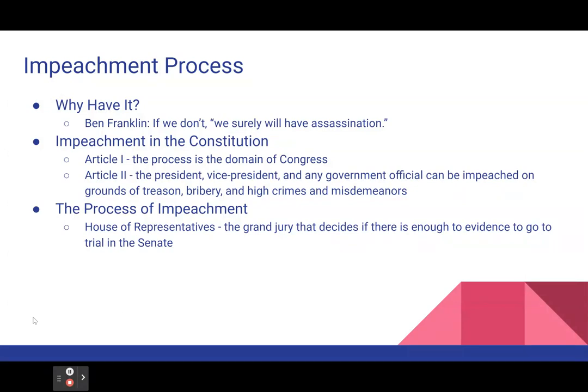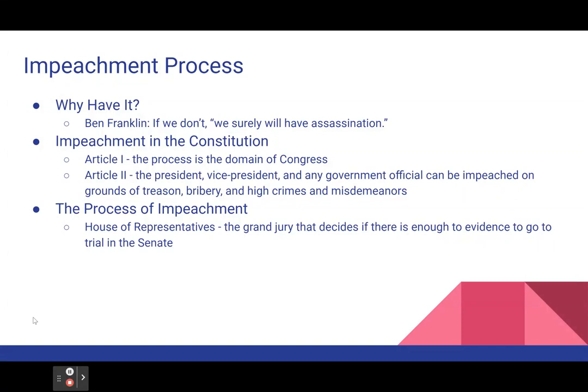Remember, there is a process at the very beginning of any big trial situation where you might hear that this is going to go to the grand jury to decide whether or not there should be an indictment. So, in this particular part of the process, the House of Representatives serves as the grand jury.